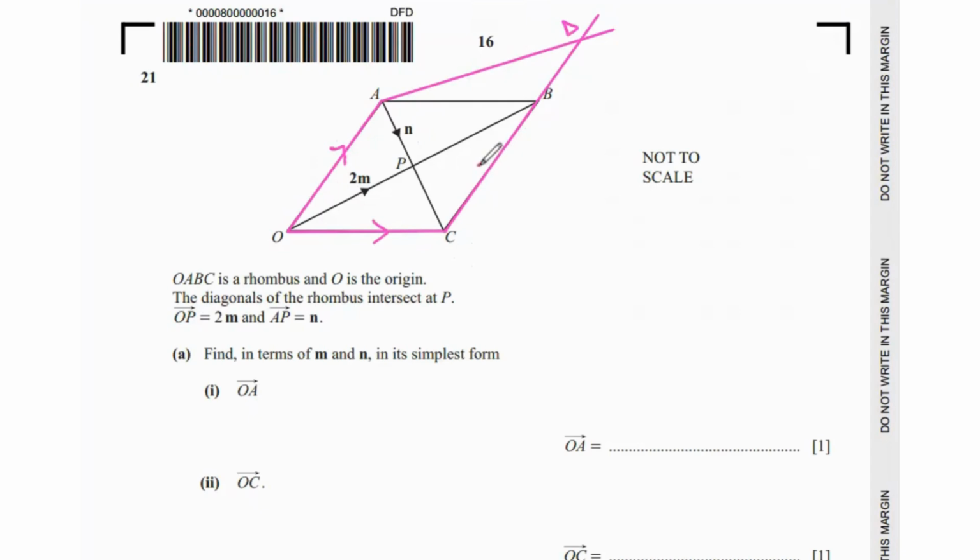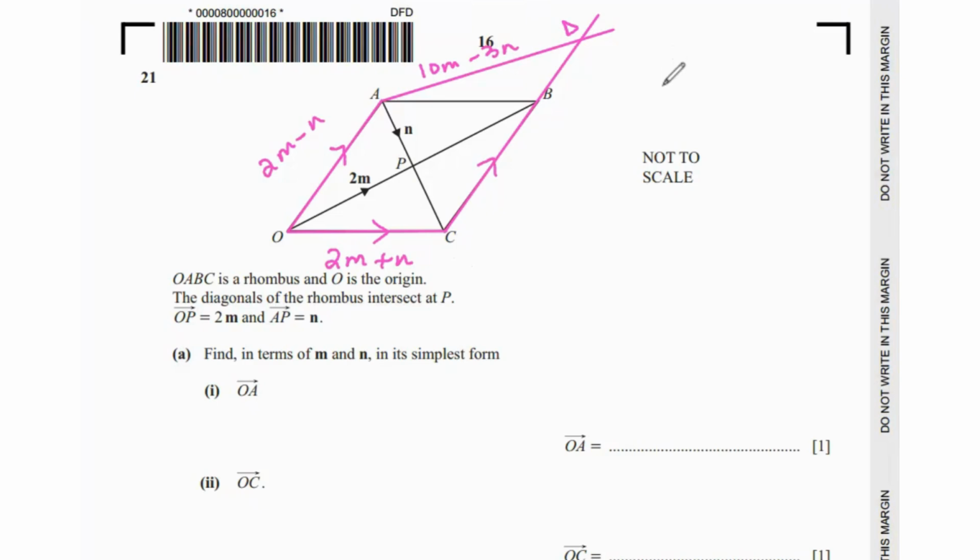This is OC. OA was found to be 2m minus n. OC was 2m plus n. And AD is given as 10m minus 3n. We have to show that OADC is a trapezium.